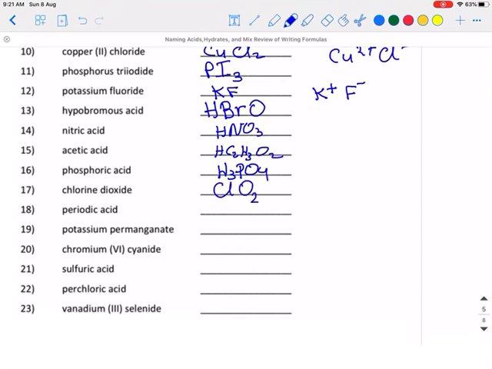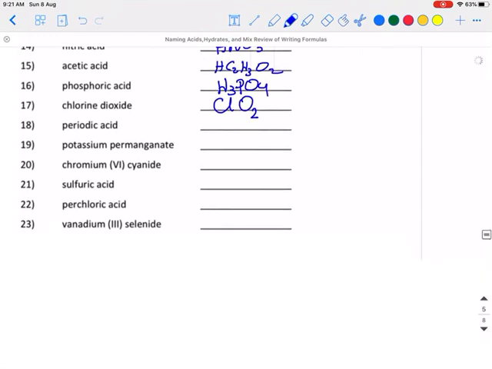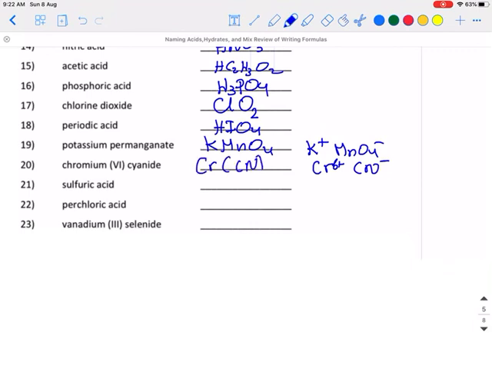Chlorine dioxide, so Cl and 2 oxygen. Periodic acid, HIO4. Potassium permanganate, potassium is K plus, permanganate MnO4 minus, so ratio 1:1, KMnO4. Chromium(VI), so we have chromium 6 plus, and cyanide, polyatomic ion -1, so the ratio will be 1:6, so chromium and 6 cyanide.